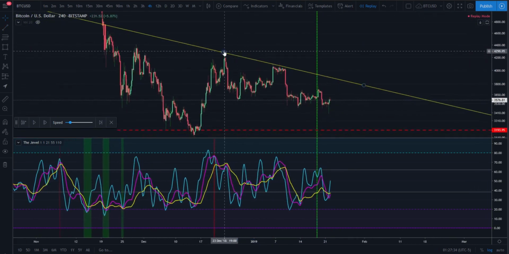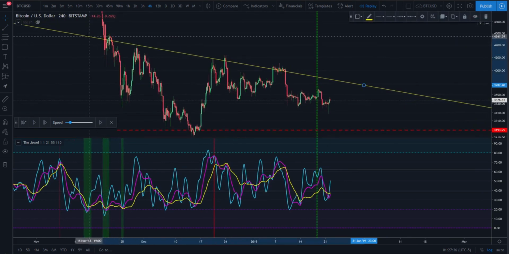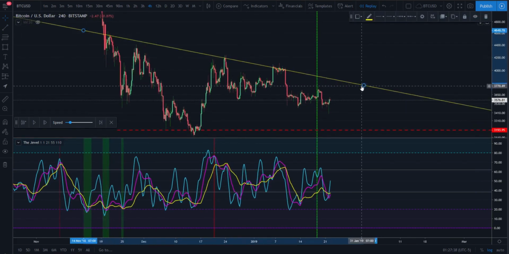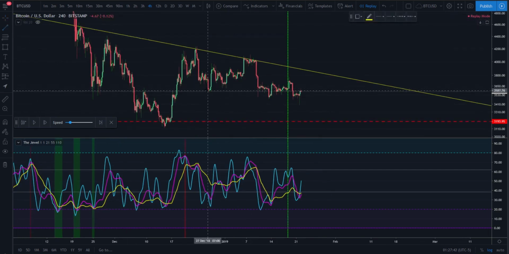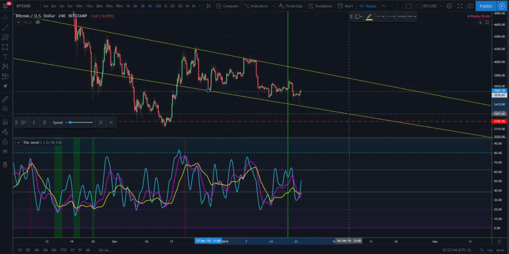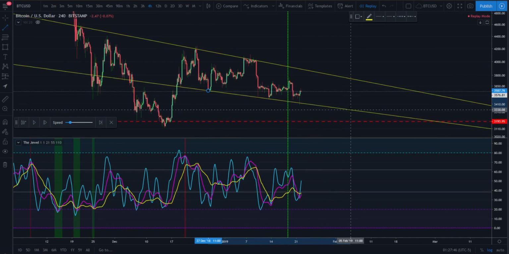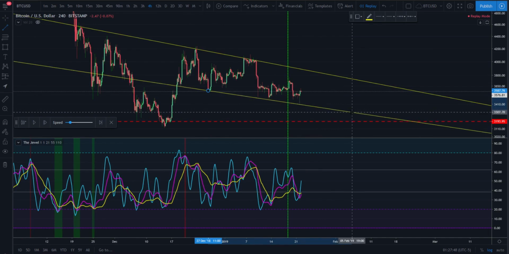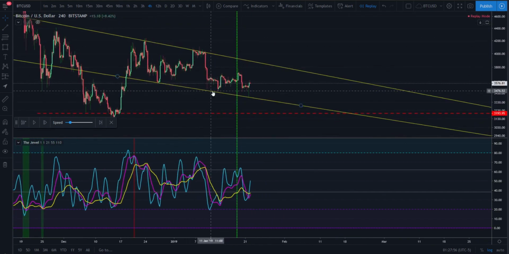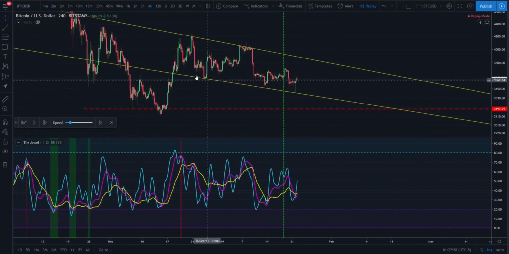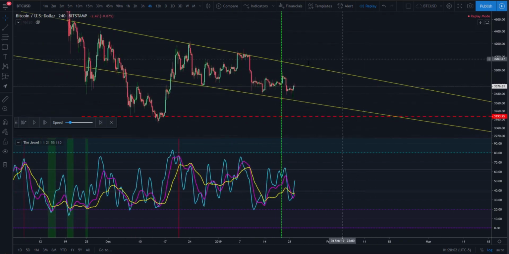If we have some, yeah, kind of like that one. And I actually kind of like that one too. So we have some sort of a channel over there. This price action seems to be bouncing between these two. So kind of like a bull flag basically.